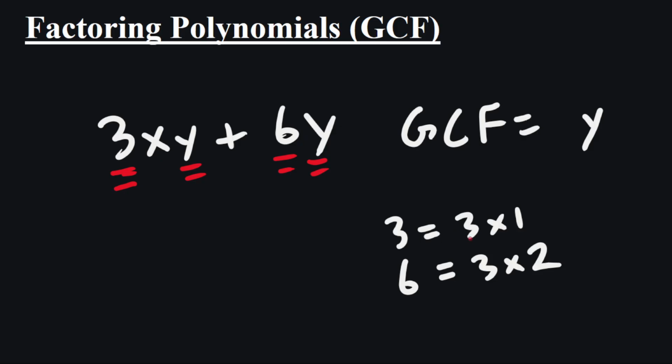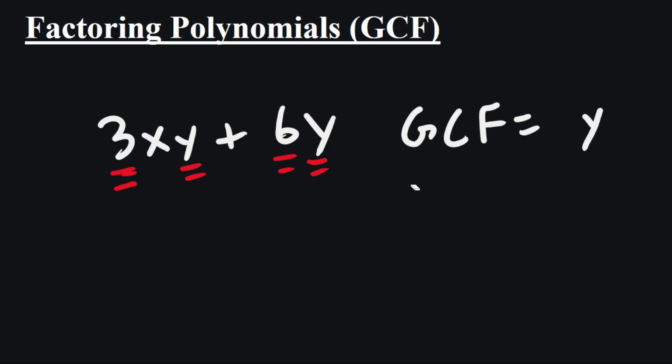So they both share a common factor of 3, similar to when we were studying fractions and trying to find the least common denominator. In this case, the greatest common factor is 3, so we can pull a 3 out of both of these. So let's go ahead and factor this. Our greatest common factor is 3y.